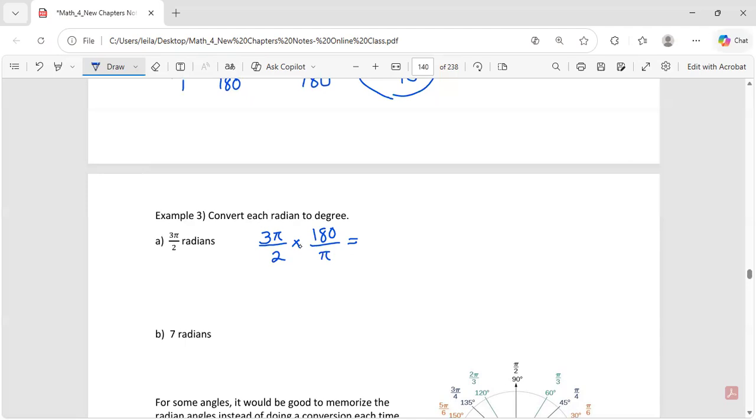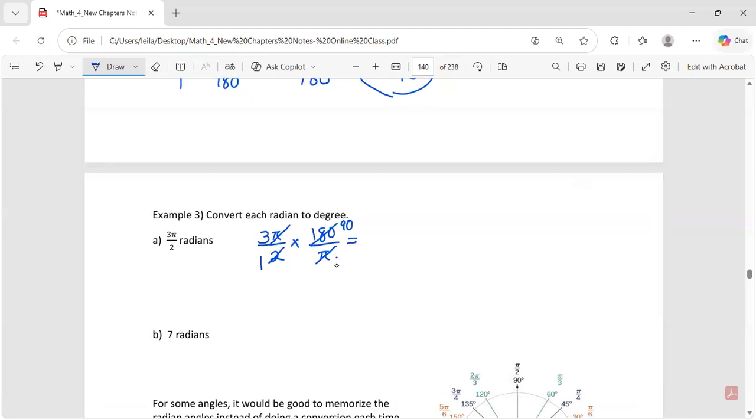I can simplify 2 and 180, 2 divided by 2, 180 divided by 2, and I can also cancel pi by pi, because one is on top, one is at the bottom. Now I can multiply across the remainings, which is 3 times 90, and it's 270 degrees. So 3 pi over 2 radian is 270 degrees.